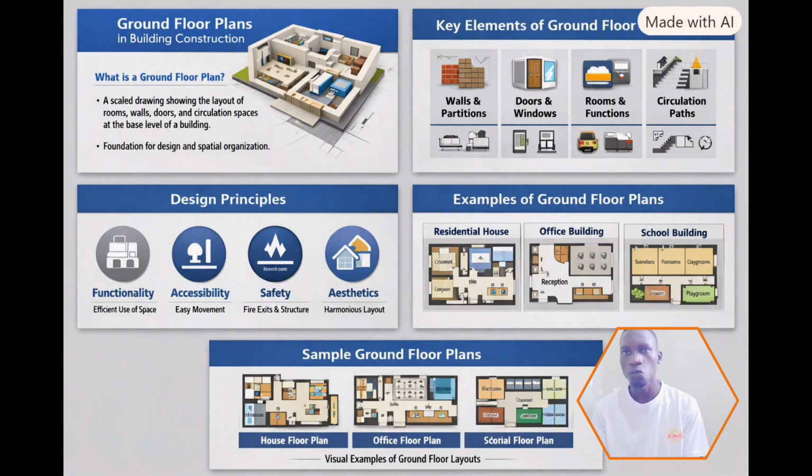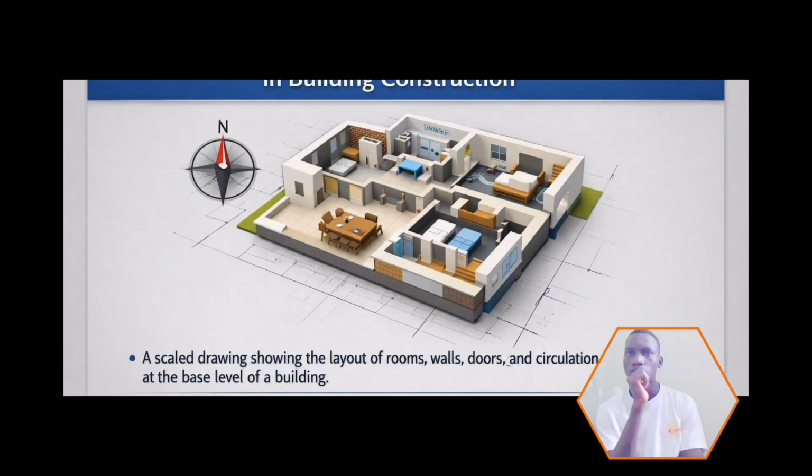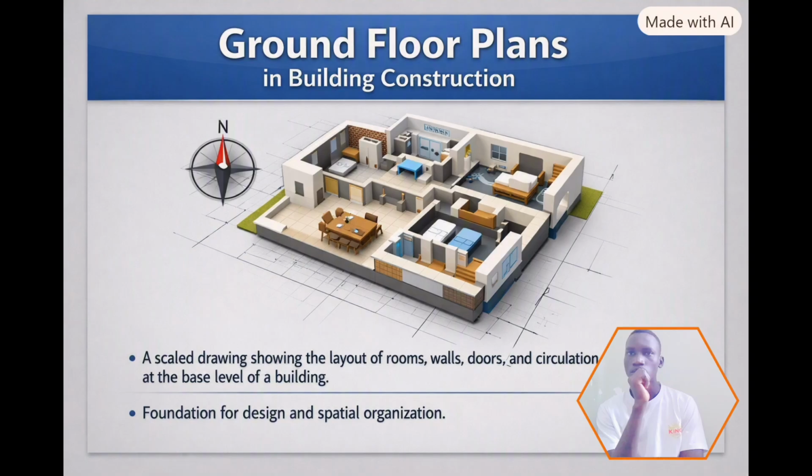Let's start with the ground floor plans in building construction. We're going to find out what a floor plan is. According to what we see on our screen, a ground floor plan is a scale drawing showing the layout of rooms, walls, doors, and circulation spaces at the base level of a building. Generally, this is the major component needed before any construction is started.